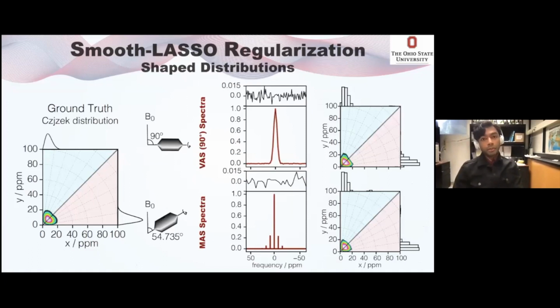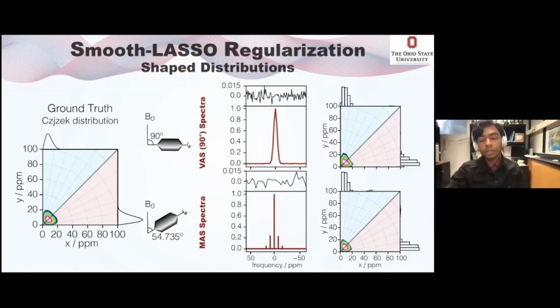Okay, so up till now, what I've shown is just one kind of distribution, a bivariate normal distribution. But there are other distribution types which are commonly used for solids, which include the Czjzek distribution. What I'm showing here are two cross sections, one for 90° and one for the magic angle.